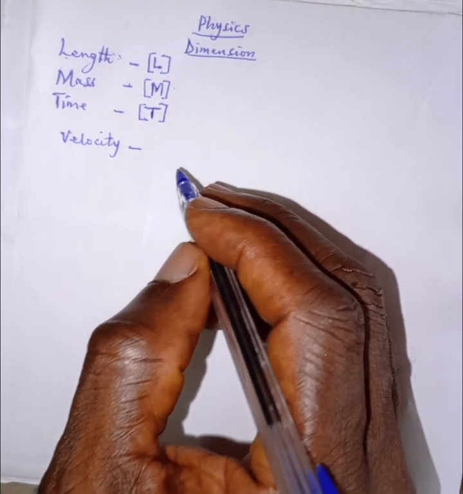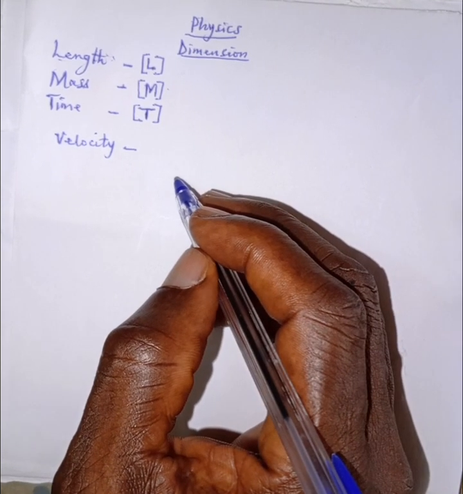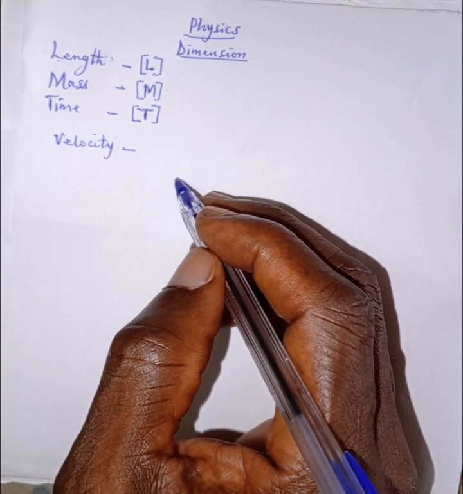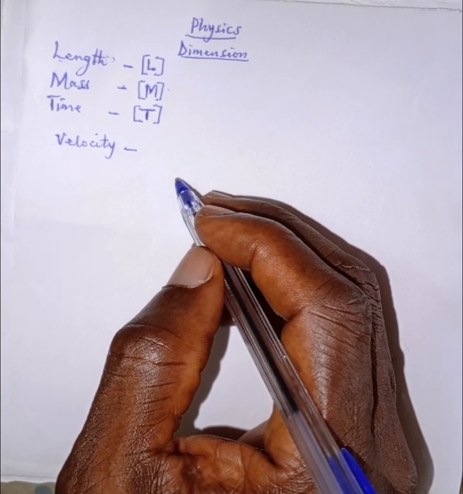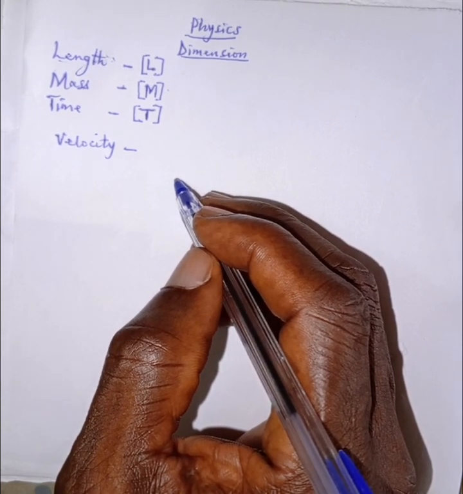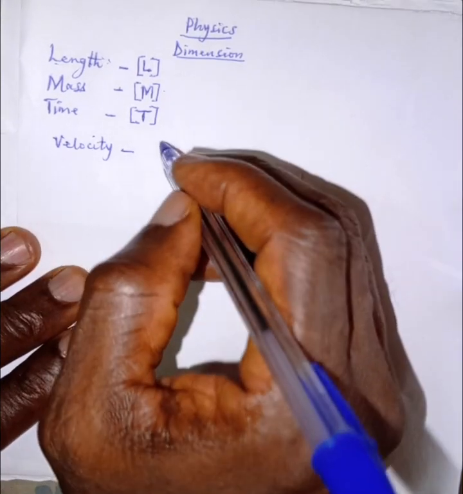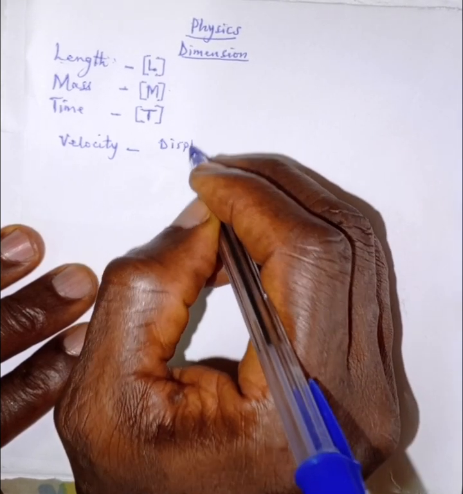So let's look at velocity. The first thing you do is look at the definition. This is our first method. What is the definition of velocity?